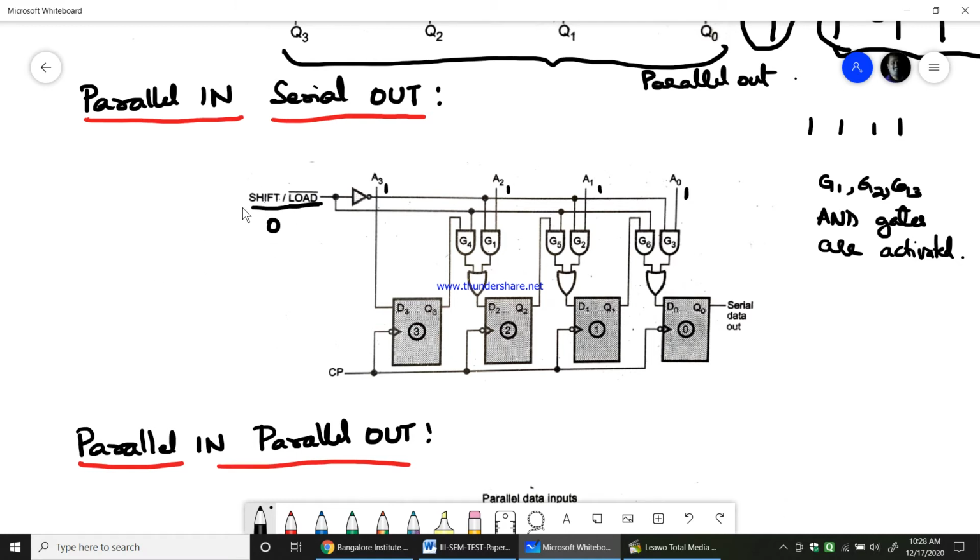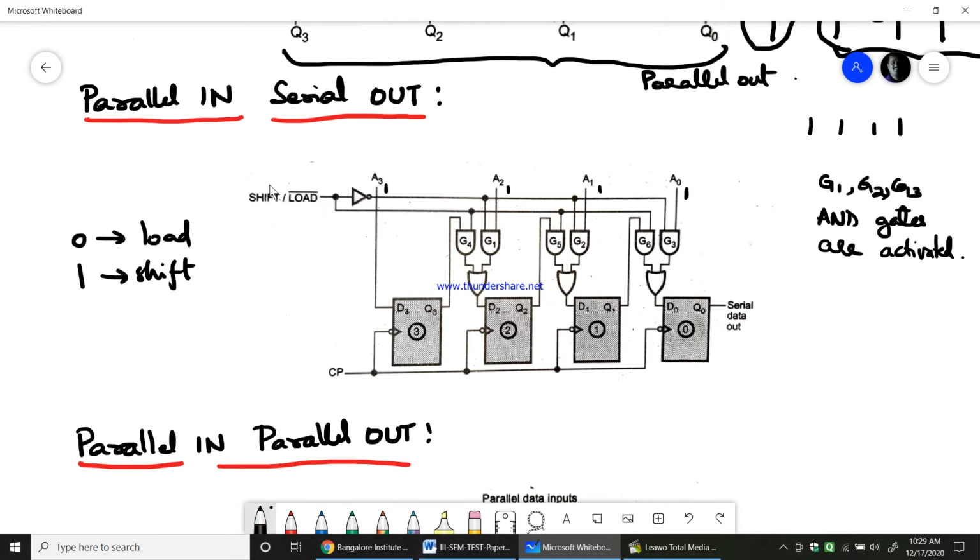It means that the shifting operation should not happen while loading the data. So 0 means load operation, 1 means shifting operation for this particular input.